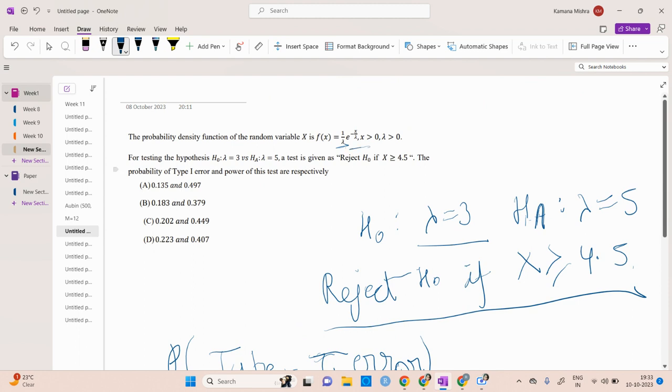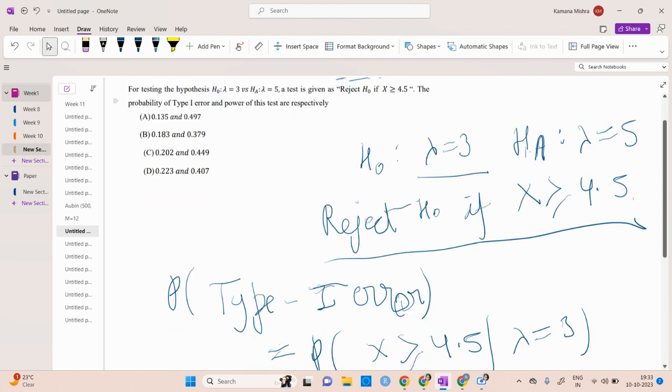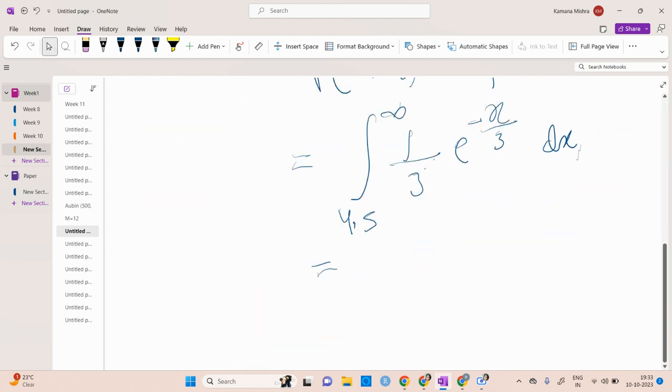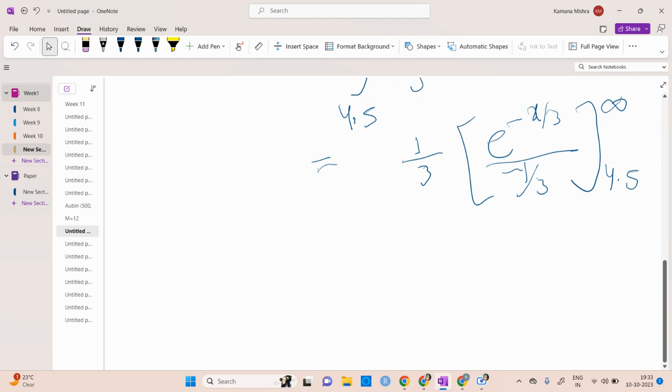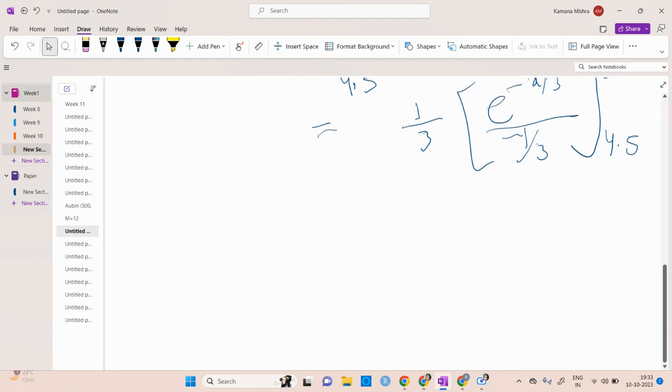Because x ranges from greater than 0, that is given, so 0 to infinity, so 4.5 to infinity will be the rejection region. So its value will be e to the power minus x upon 3 divided by minus 1 upon 3, from 4.5 to infinity.